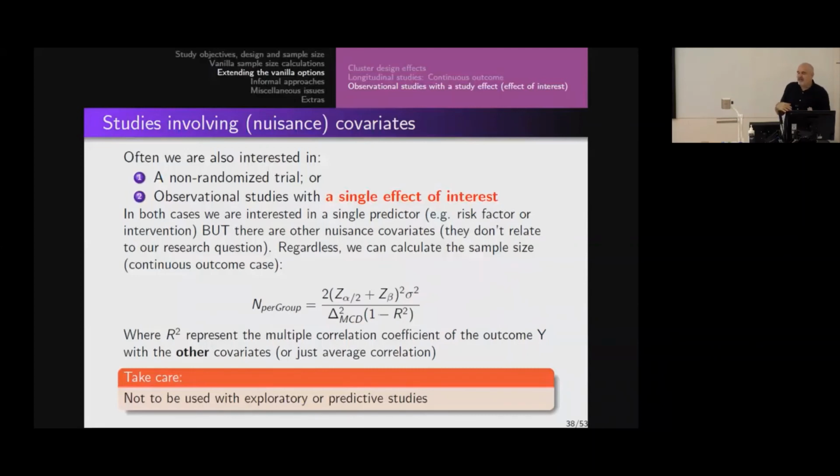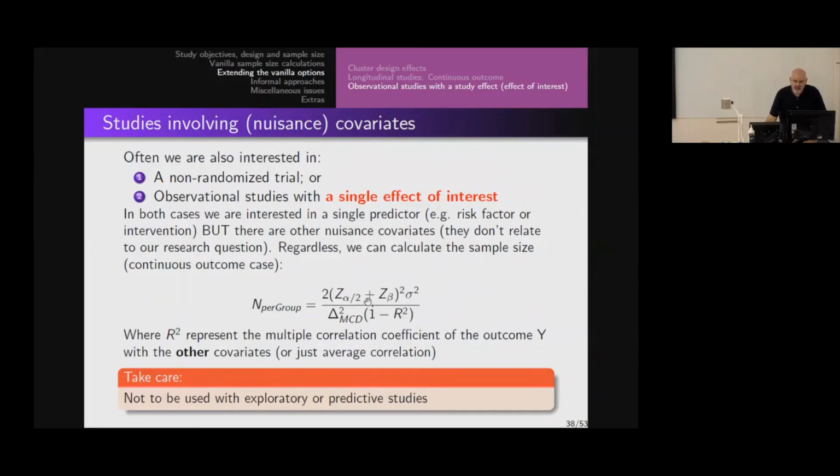And a multiple correlation coefficient we can just see as the average correlation of those three things. You could probably use that as a surrogate if you liked. Okay, you can actually calculate multiple correlation coefficients, but we need data to correlate coefficients. So a guesstimate is often what we would use there.